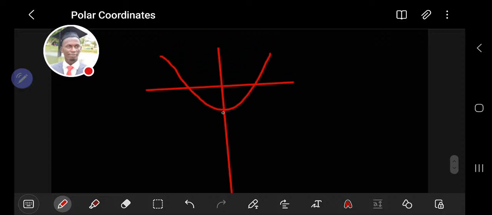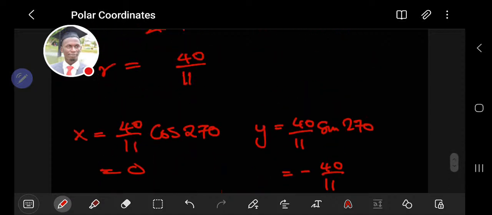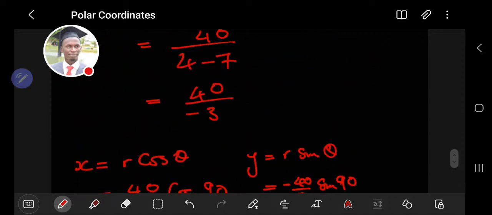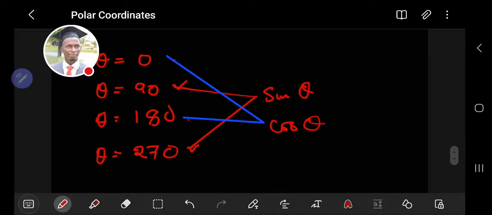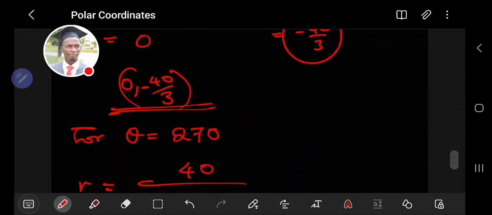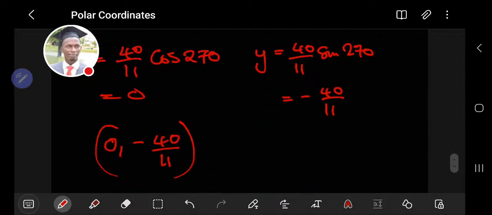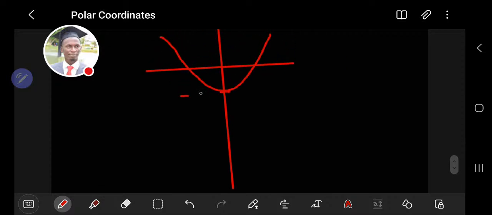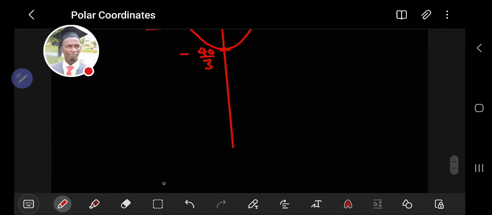So when I sketch this, the other vertex is at this point. This is at negative, that's negative what again? That's negative, I didn't write it here, negative 40 over 3. That's 0 comma negative 40 over 3. The other one, we can even put it somewhere here.